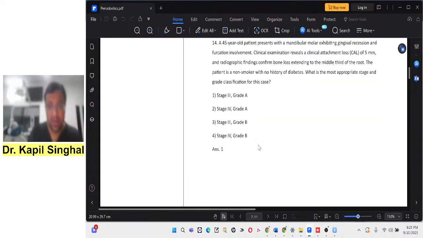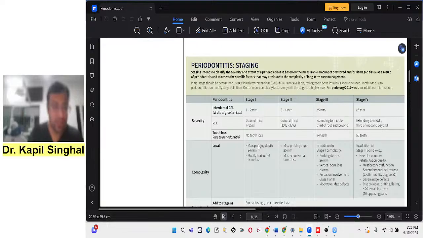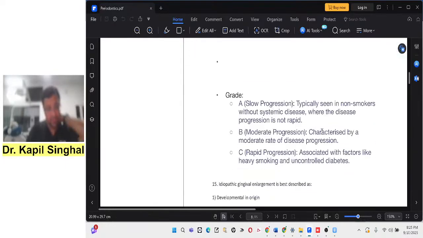This is very important. So please remember this classification. They're asking a lot of questions out of this classification. If you want to see it online also, it's perio.org 2017 WWDC. And see this grading system also. Otherwise, I'll put it in the group.